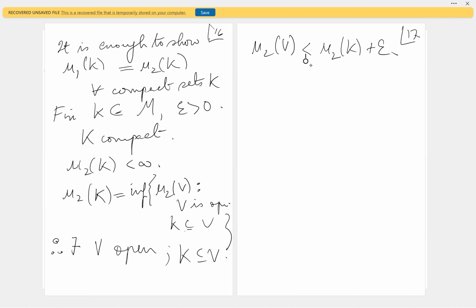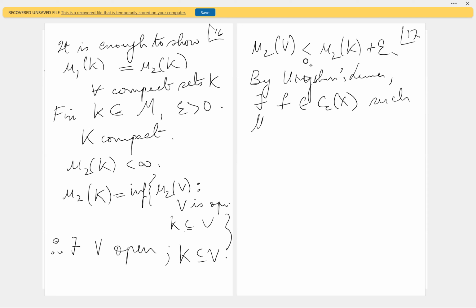Now I have a compact set K contained in an open set V. So by our Urysohn's lemma, there exists an f such that, and I will write it in terms of the characteristic functions.